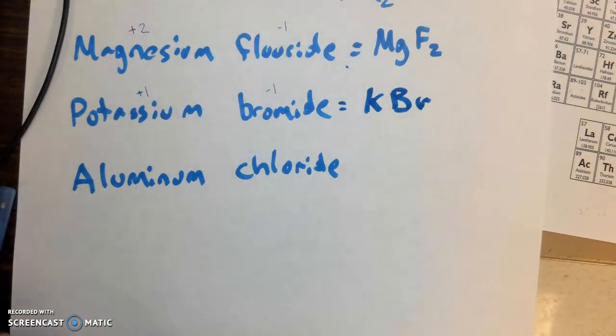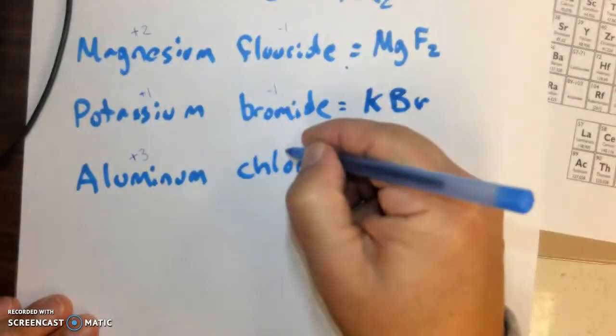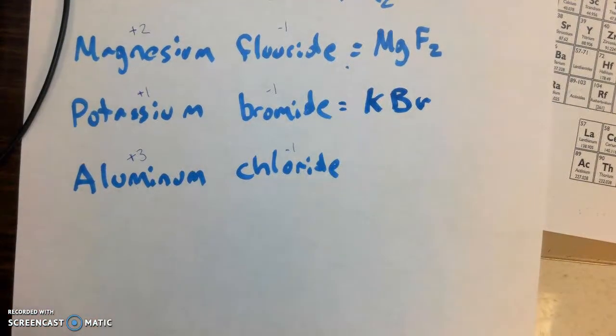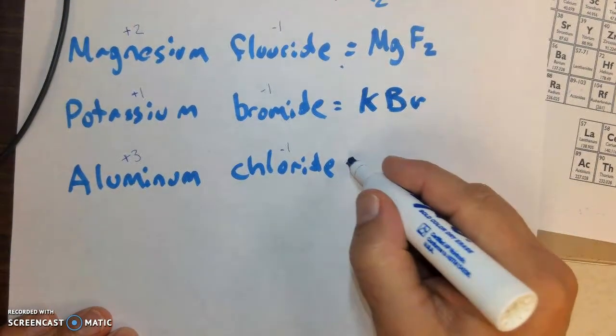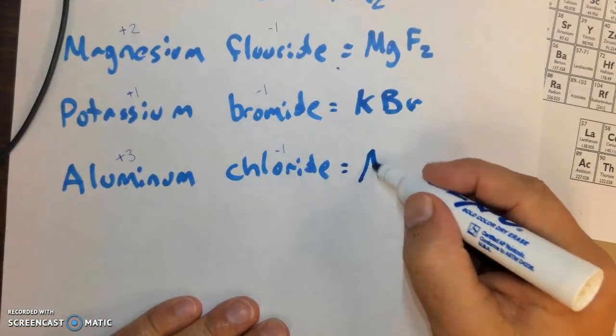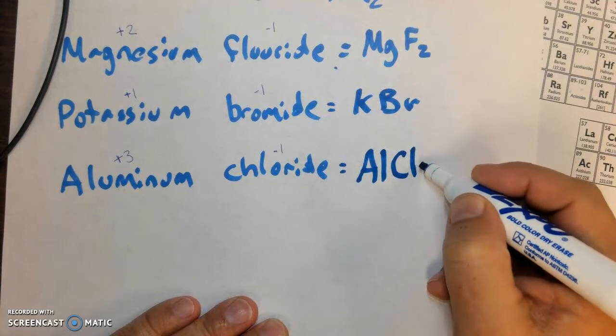Okay, aluminum is in group 13, so it's going to be a +3. Chlorine is in group 17, so it's going to be a -1. That one comes down here, that one goes down there. It should be aluminum chloride.